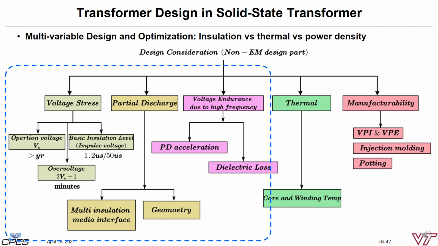Moreover, the high-frequency voltage stress across the insulation layer might change, as the dielectric material's permittivity will play a more important role than the material's resistivity properties. The rest of the design considerations are the thermal management and manufacturing process. All design variables need to be balanced in order to find the optimal design solution.